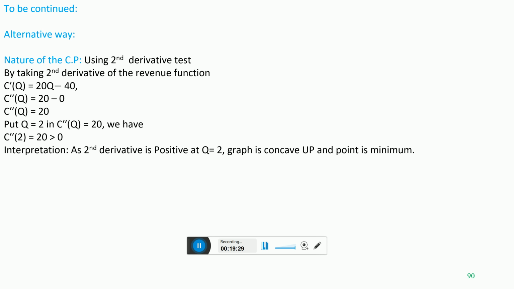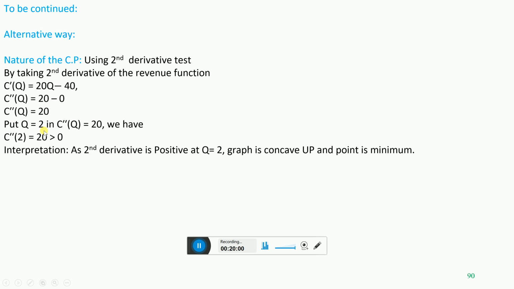We take the second derivative of the cost function. The first derivative is C′(q) = 20q − 40, C″(q) = 20 − 0, and C″(q) = 20.